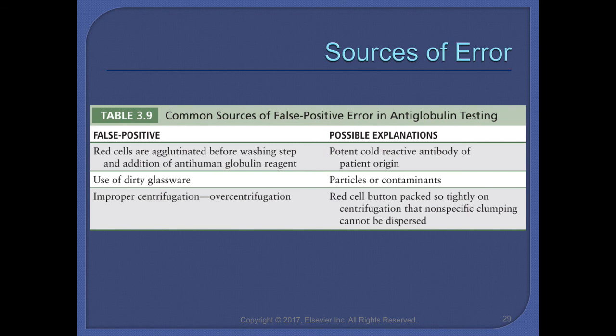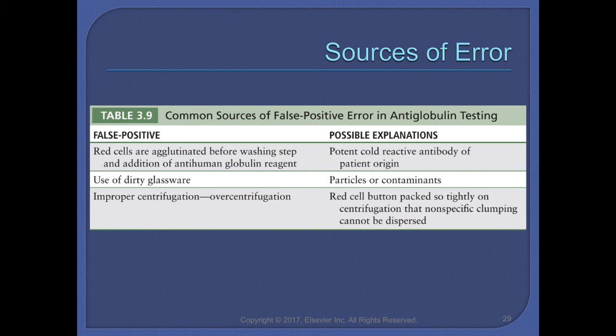Sometimes when we use dirty glassware or dirty tubes, that can also cause an issue. And there can be particles or contaminants that are giving us that false positive reaction. Improper centrifugation or over centrifugation is a big issue. So we always have to make sure that our times and our speeds are set correctly, so that we don't over centrifuge our sample.